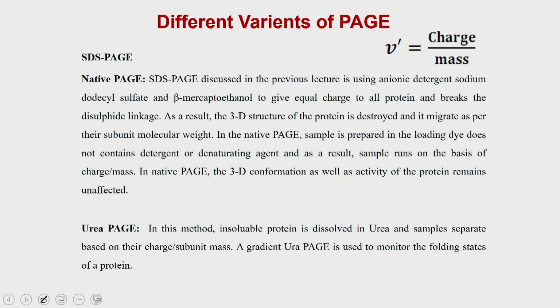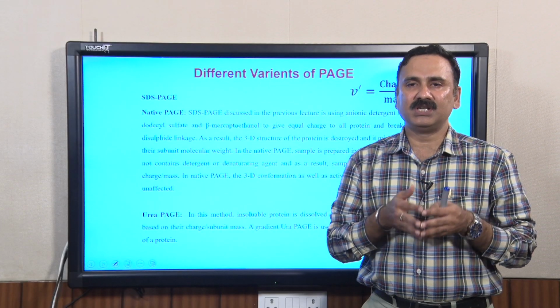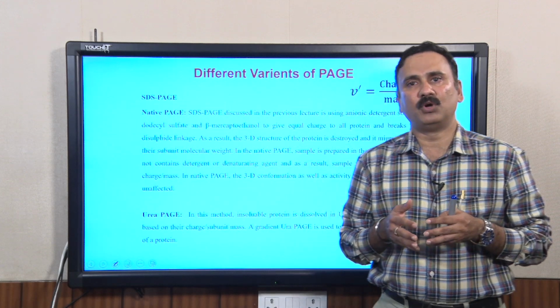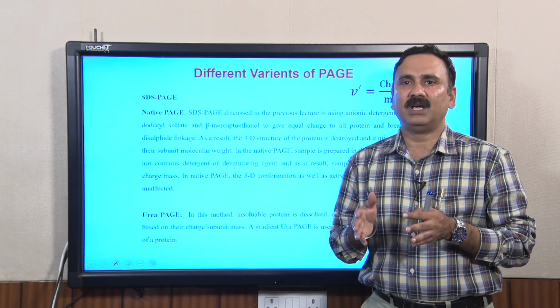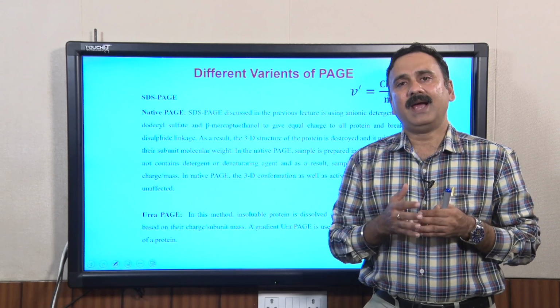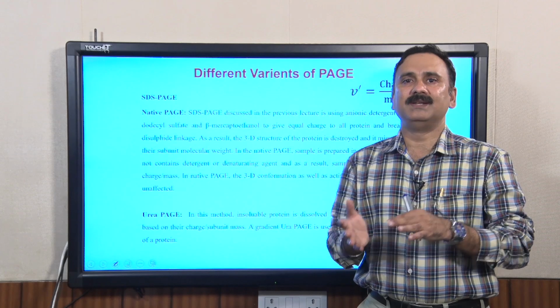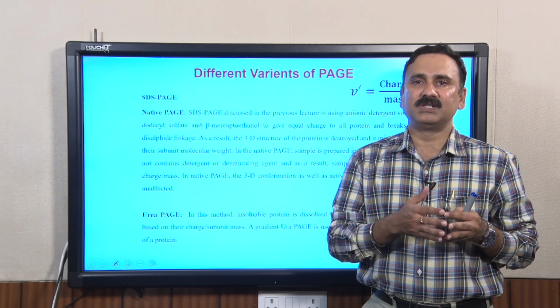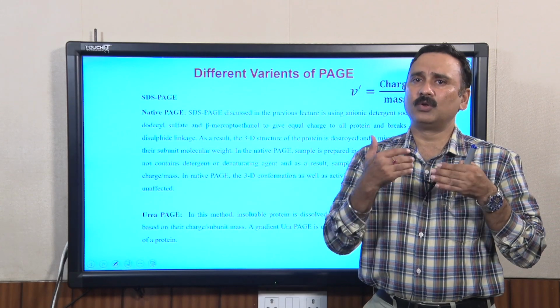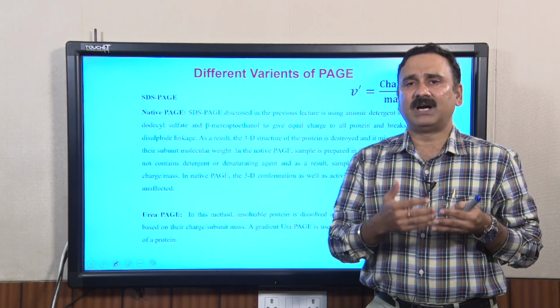We have SDS-PAGE, which we discussed in the previous two lectures, where we were using SDS as a denaturing agent, and in addition to the SDS we were also using beta mercaptoethanol. Both of these denaturing agents were destroying the three-dimensional structure of the proteins, and also the beta mercaptoethanol is breaking the disulfide linkages.